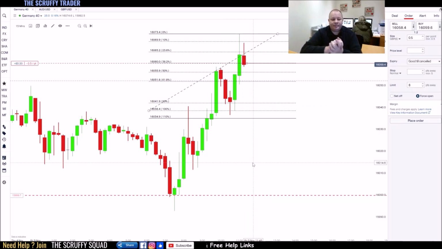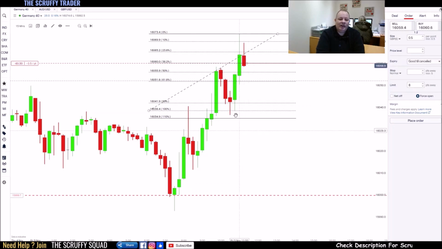Right. The key Fibonacci's are a 23, a 38, a 50 and a 61. The 90, the 10 and the 110 are just what I use as measuring sticks. Okay, that's what they're for. And what you're doing is you're just going from level to level all the time.